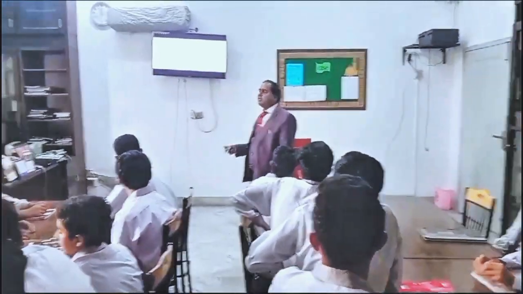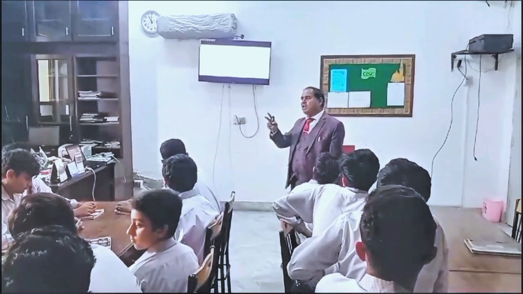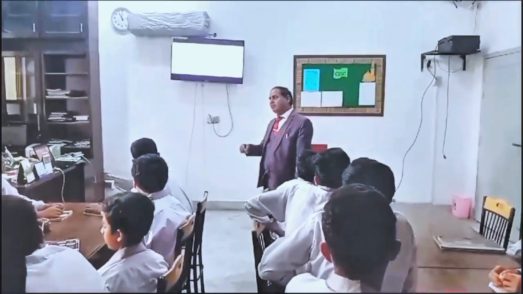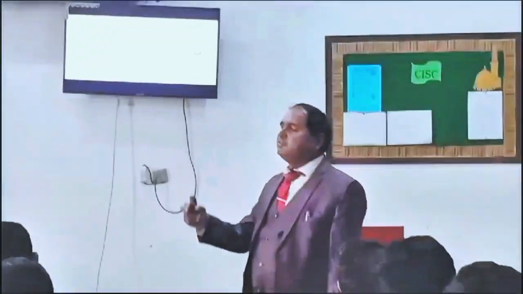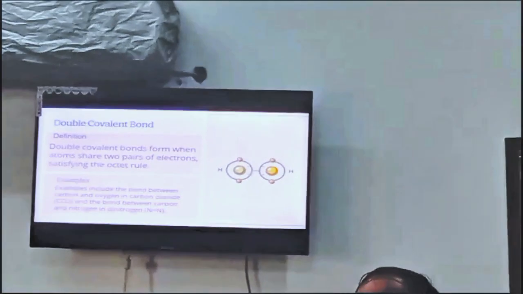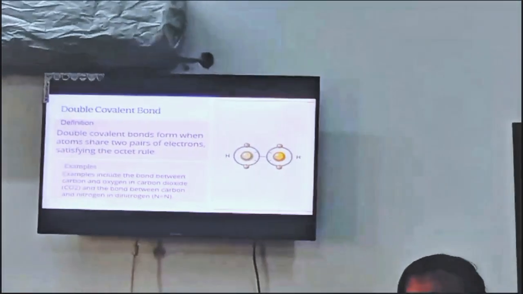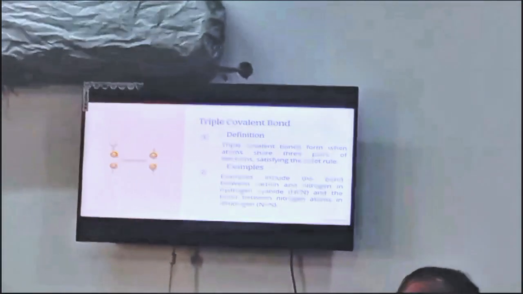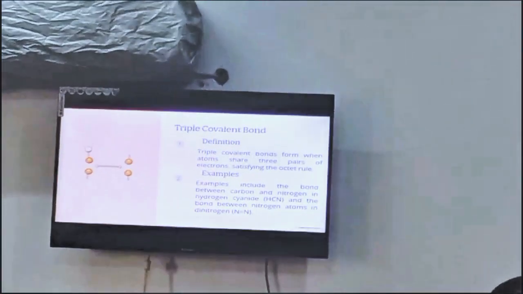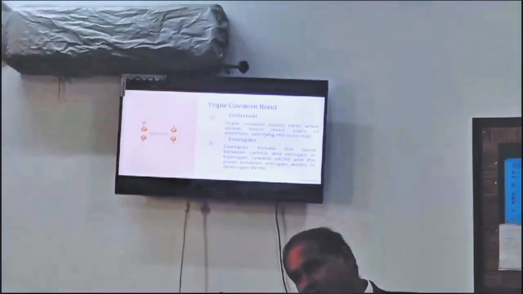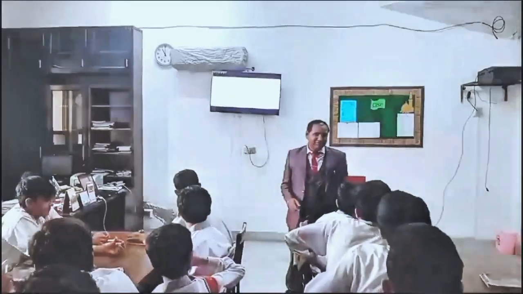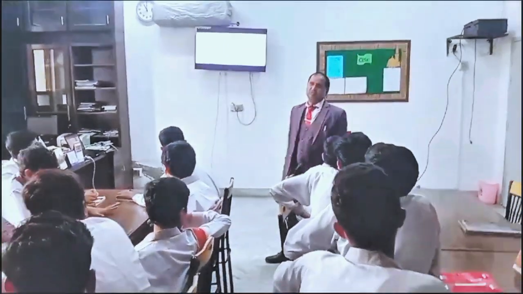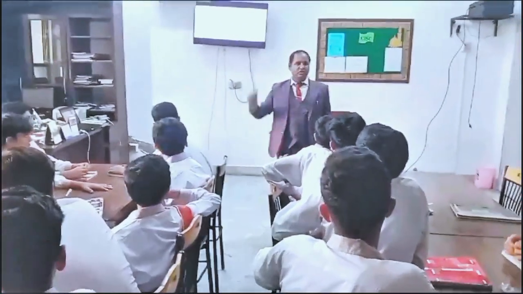Double covalent bond is represented by drawing two lines between the bonded atoms. Single covalent bond is represented by drawing a single line. Now we see triple covalent bond, a bond which is formed by sharing three electrons by each of the bonded atoms. It is called a triple covalent bond.